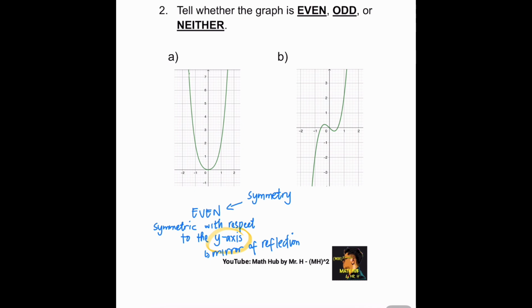Now, when is the graph considered odd? For even function, we're looking at symmetry and we're talking about reflection. For odd function that is represented by a graph, we're going to be looking at symmetry with respect to the origin.